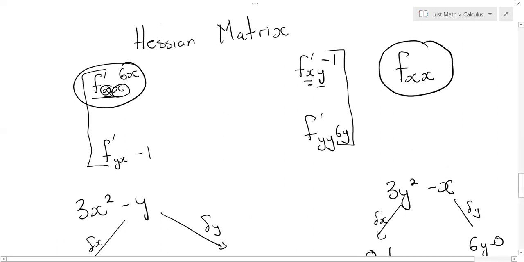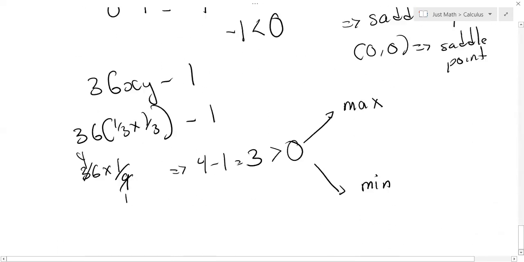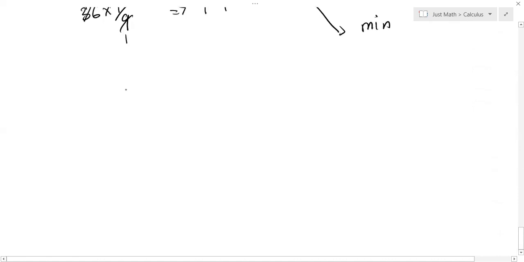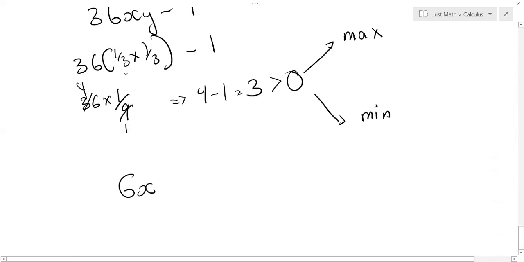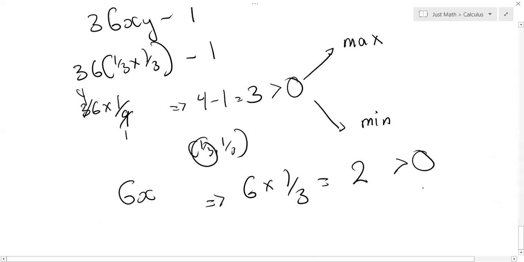This is actually 6x, and we're testing at 1 over 3, 1 over 3, so our x is 1 over 3. It becomes 6 times 1 over 3, which is 2. Because the number here is greater than 0, this is a minimum point.